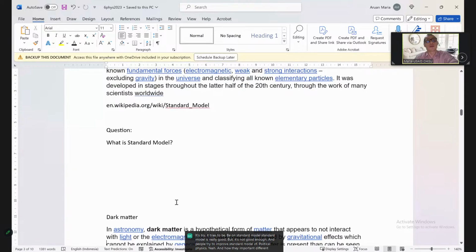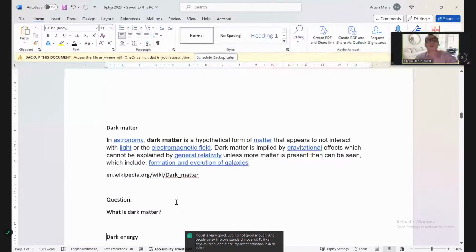Another important definition is dark matter. Dark matter is a hypothetical form of matter that appears to not interact with light or the electromagnetic field. Dark matter is implied by gravitational effects which cannot be explained by general relativity, unless more matter is present than can be seen, which includes the formation and evolution of galaxies.